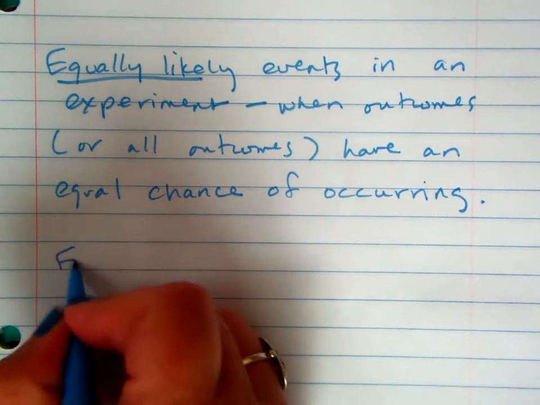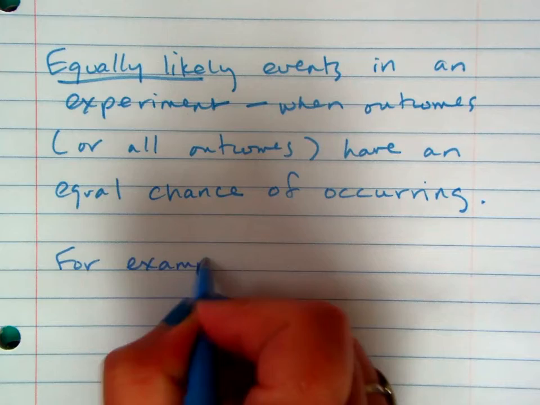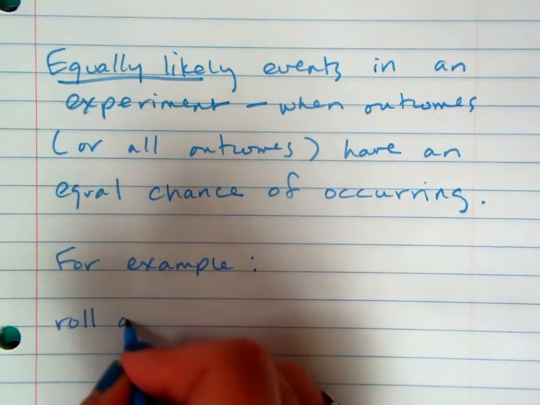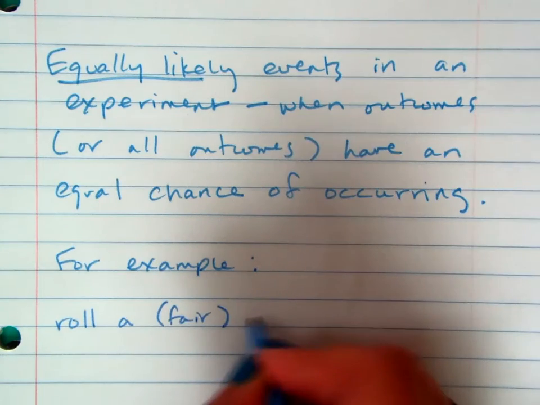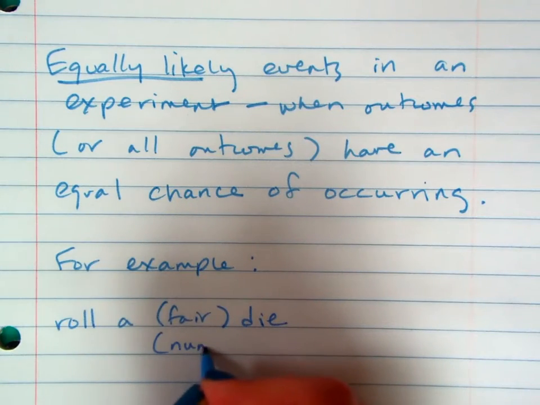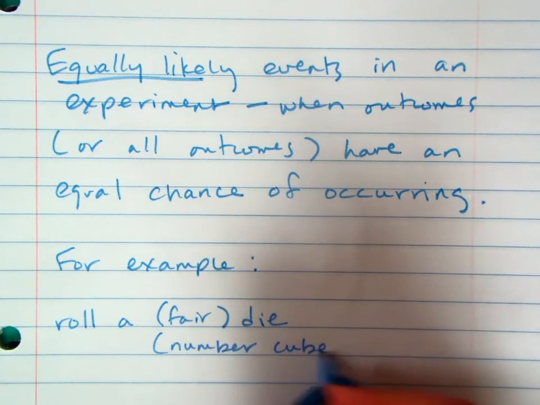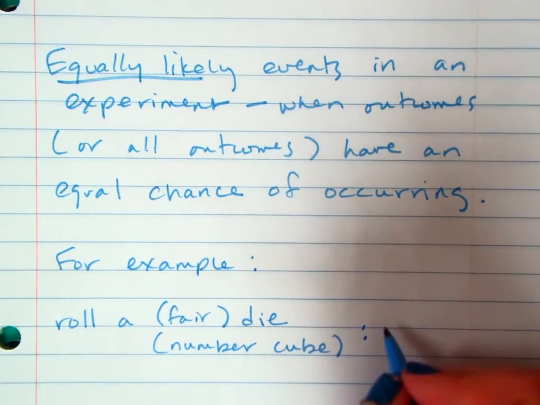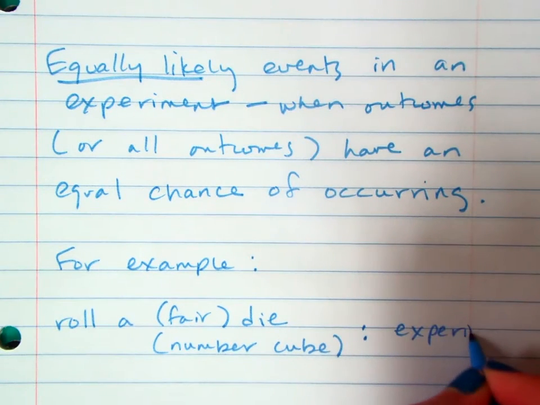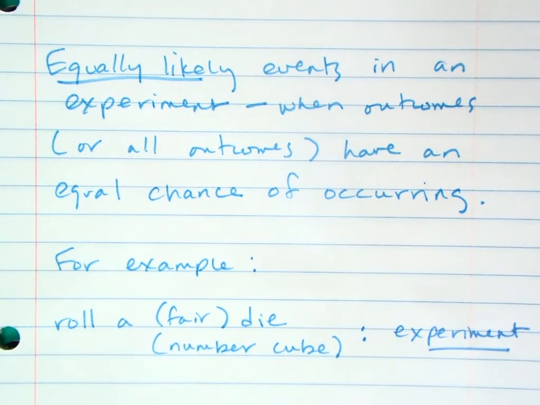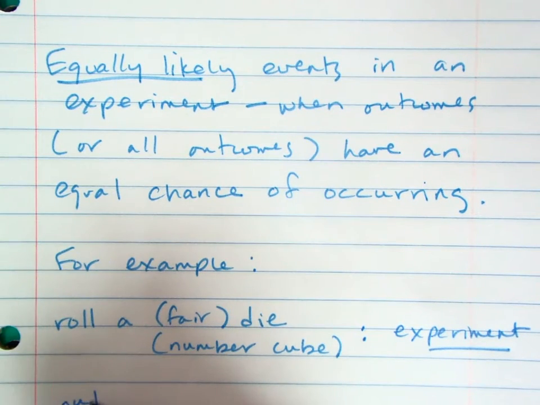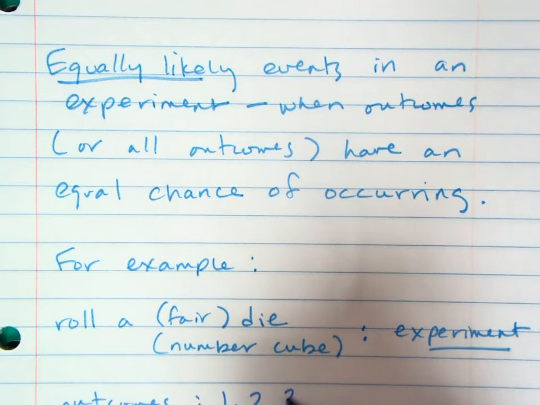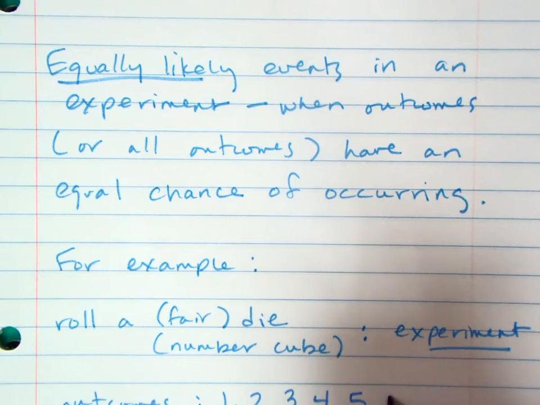Okay, so for example, if we roll a die, or a number cube, you'll sometimes see it referred to as a number cube instead of just a die. So that's our experiment. And the possible outcomes are you could roll a 1, or a 2, or a 3, or a 4, or a 5, or a 6.